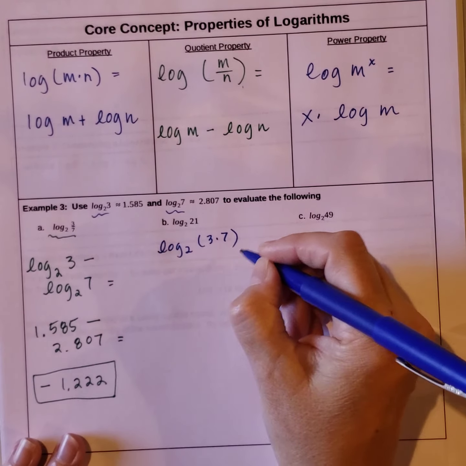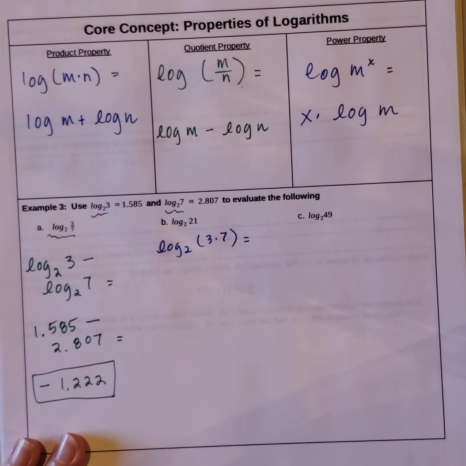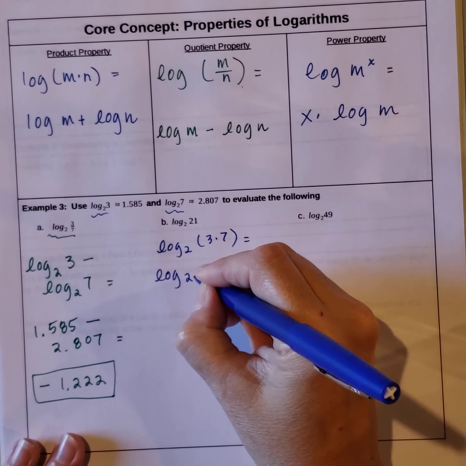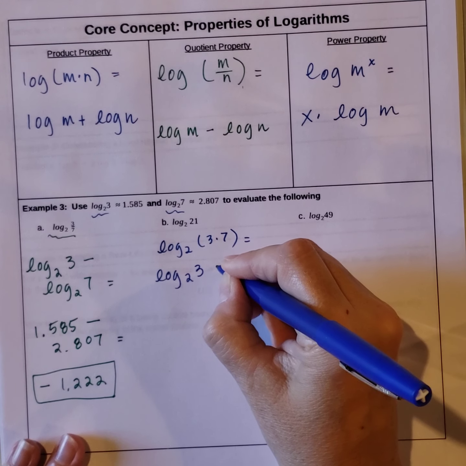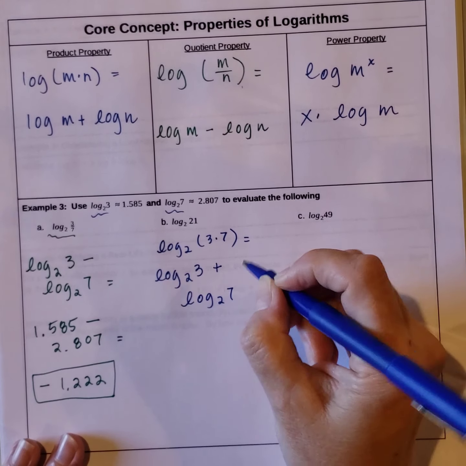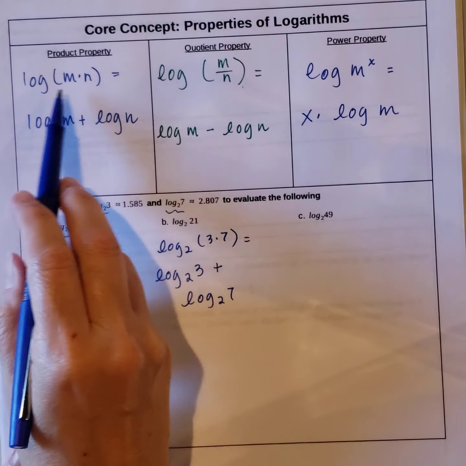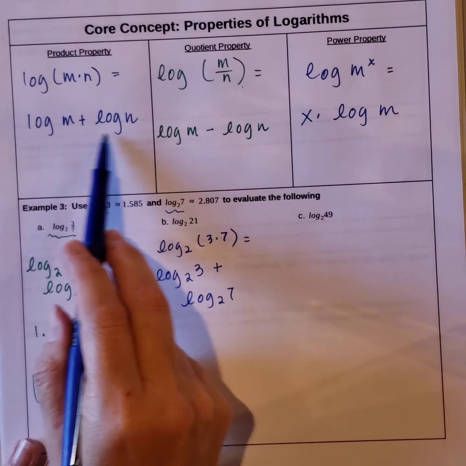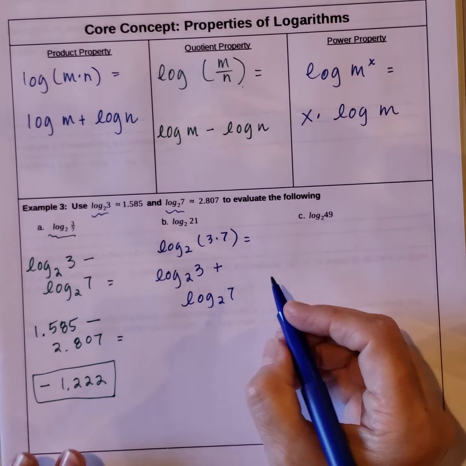So I will rewrite this: log base 2 of 3 plus log base 2 of 7. I changed my 21 into multiplication, and now I'm rewriting it so that it looks like the product property.